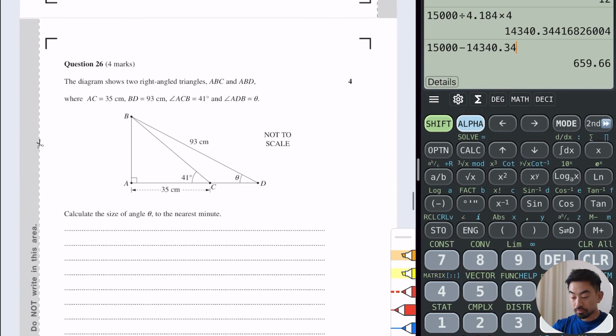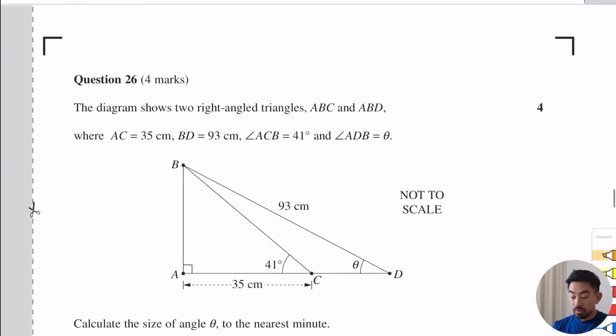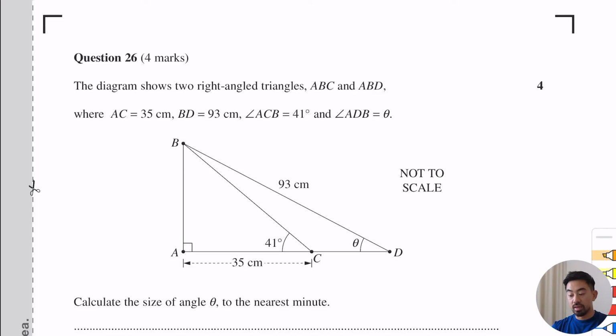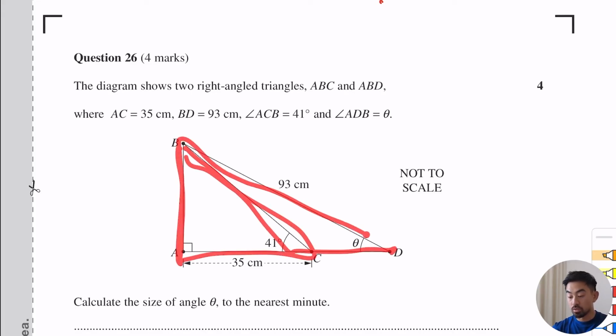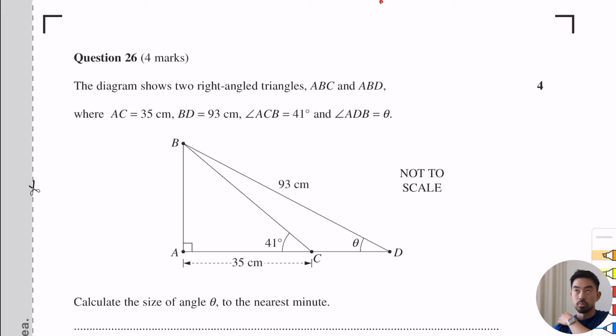Okay. All right, 26, trig. The diagram shows two right-angled triangles, ABC and ABD. One here, and ABD, so big one nested in a small one, or small one nested in a big one. Calculate the angle theta to the nearest minute. Okay, so let's try and work this out.